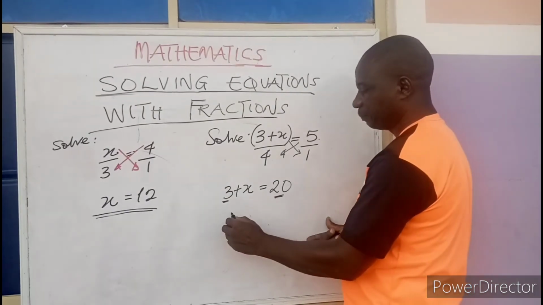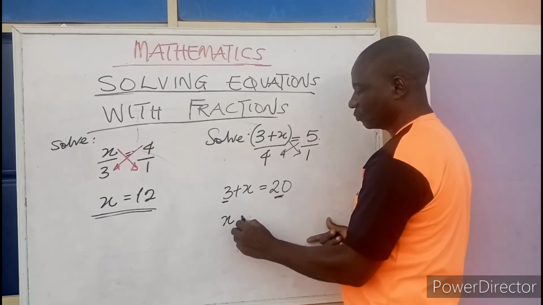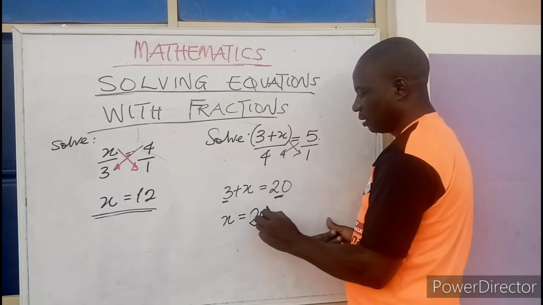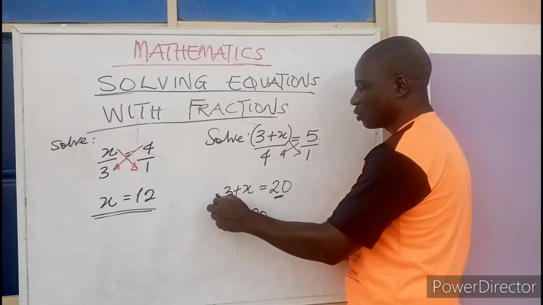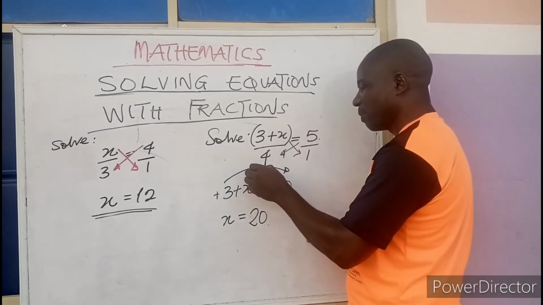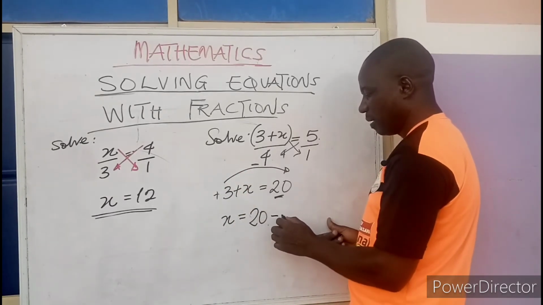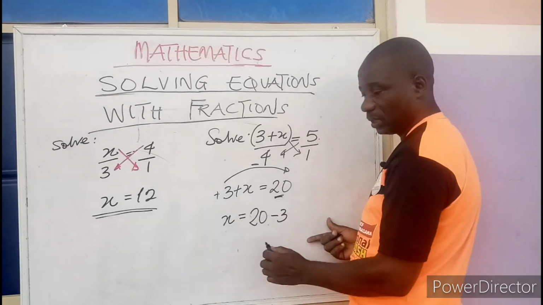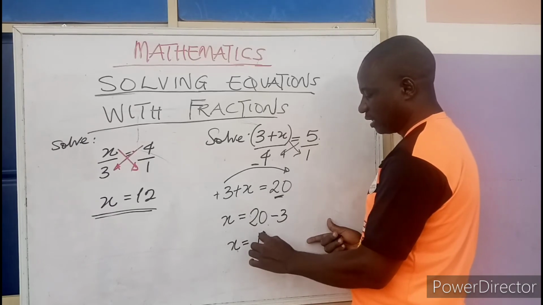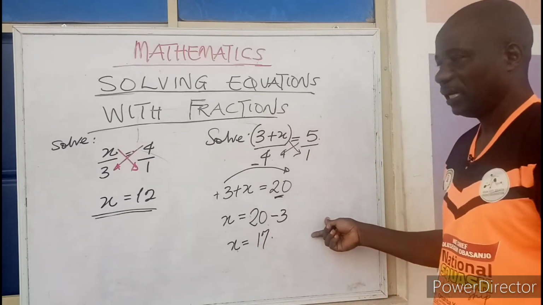So this one will give me x. This one, the one that is very close, we have 20. What is the sign of this one? This one is plus. When this plus moves to the other side, it becomes minus. So this one is going to be minus 3. Then we have x is equal to 3 from 20. That is 17. Is that clear?